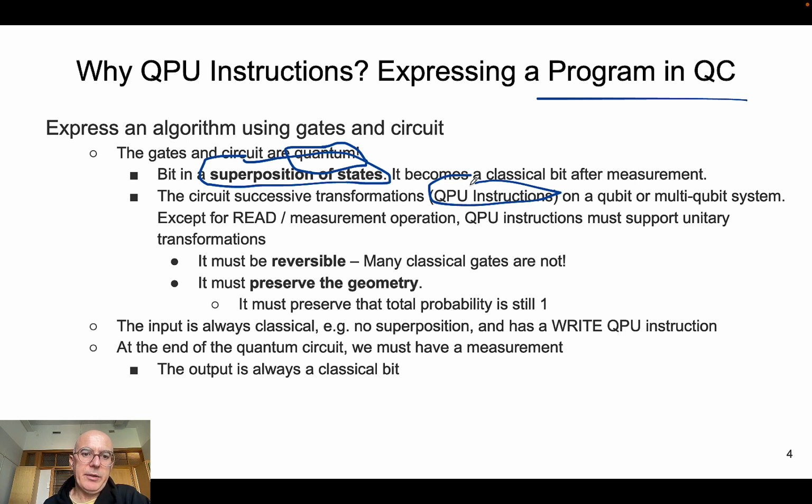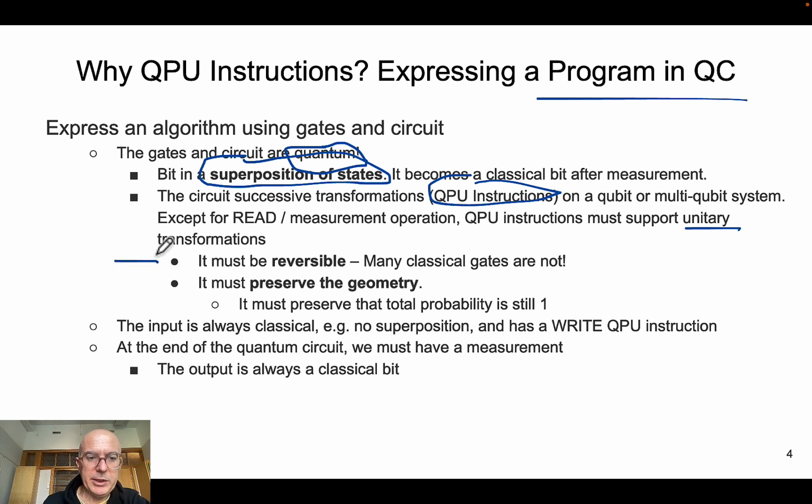Except for the read measurement operation, a QPU instruction must support a unitary transformation. In the first module, we looked at the transformations that are quantum. We say that they must be expressed by a unitary matrix or unitary transformation. What does it mean?